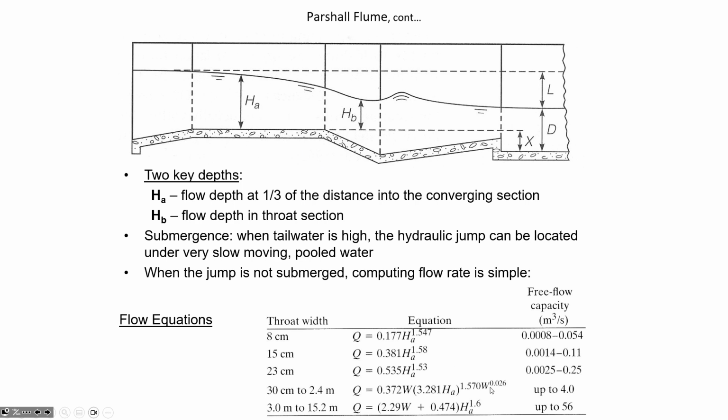Beyond that, there are increasingly complicated exponential functions that we have to be even more careful about, considering the possibility of submergence because of the effect it can have on the flow rate.